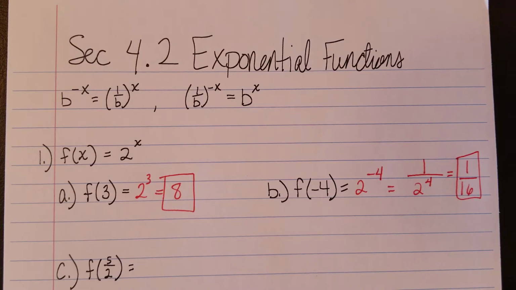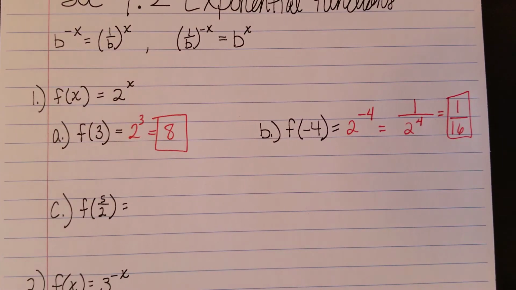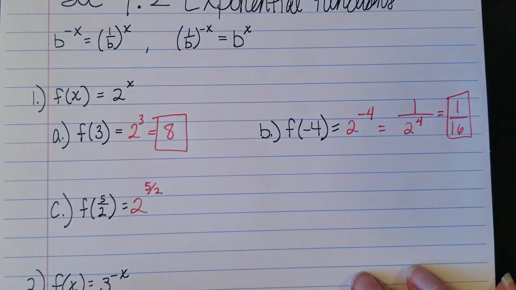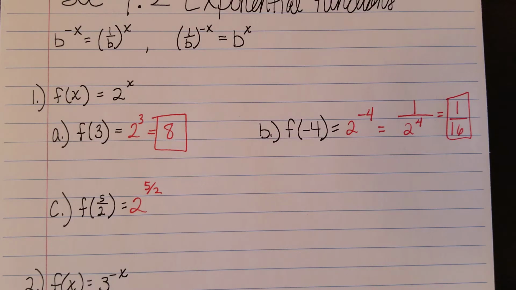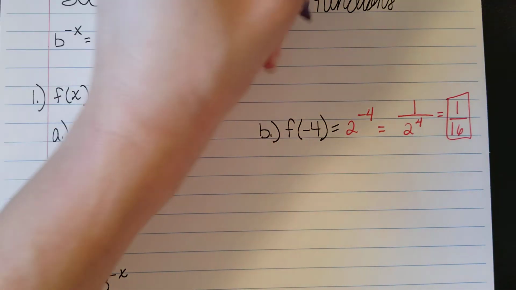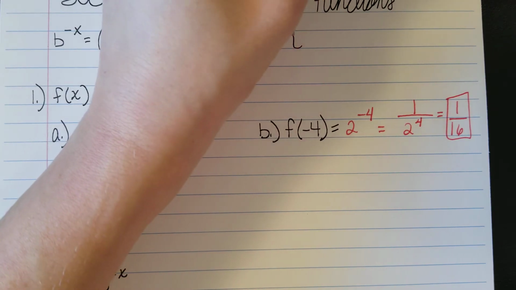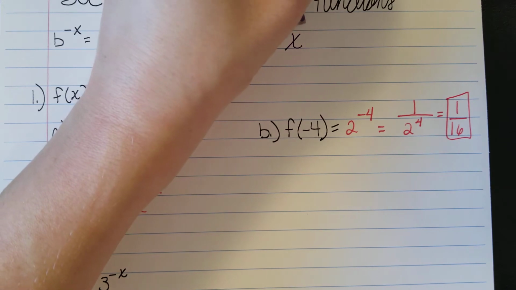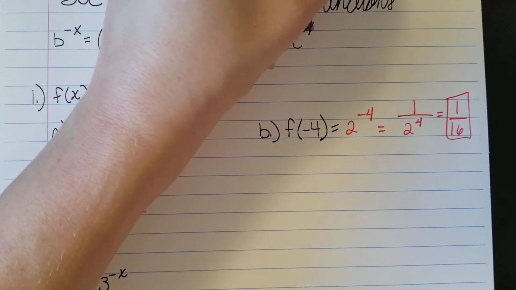And then part C, f of 5 over 2. So that would be 2 to the power of 5 over 2. Okay, so this is another important rule of exponents that we should already know, but maybe we don't. So the rule is, let's say we have x to the power of p over n.